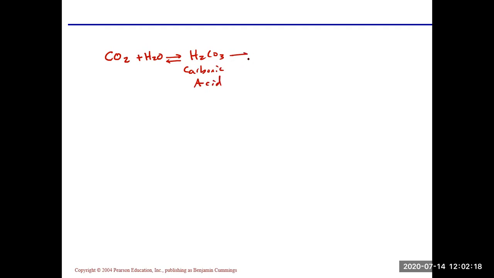And this carbonic acid can give you HCO3 minus, which is your buffer. This buffer is also known as bicarbonate. And you need to understand that the buffer resists a change in pH. Again, go back and review. Don't just memorize a few terms. Find out what that means.